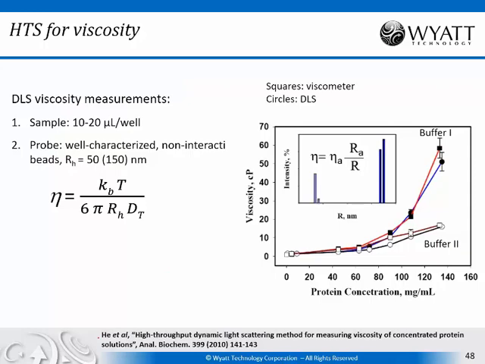For instance, this initial publication by Feng He and his colleagues who were at Amgen at the time, and they measured viscosity of protein solutions using dynamic light scattering in the plate reader and using a standard viscometer, macroscopic viscometer, and show that the values agree quite well, and also that this effectively distinguishes between two different buffers of high concentration protein, one of which leads to low viscosity at high concentration, 120, 130 mg per mL, and one of which corresponds to a much higher viscosity, which would not be suitable for processing and is not injectable.